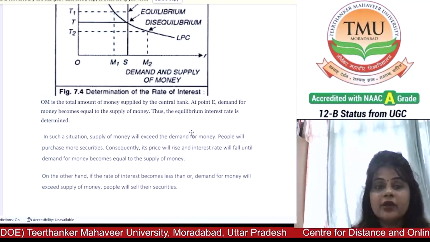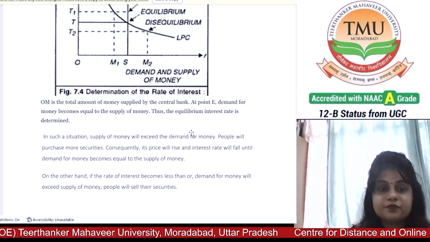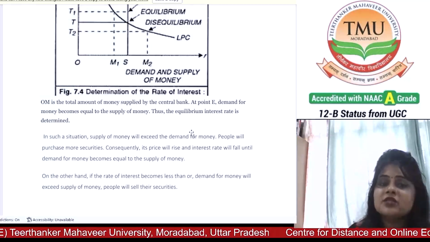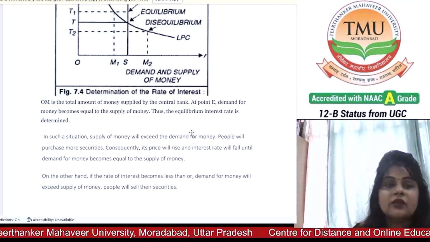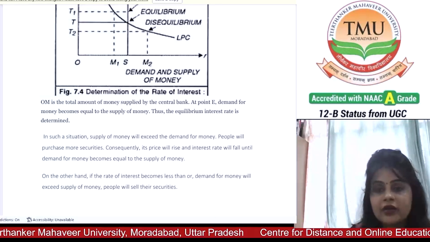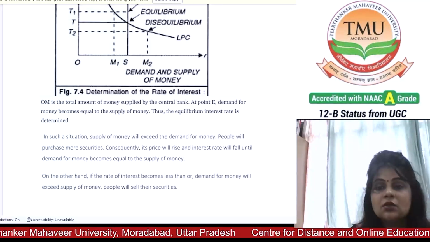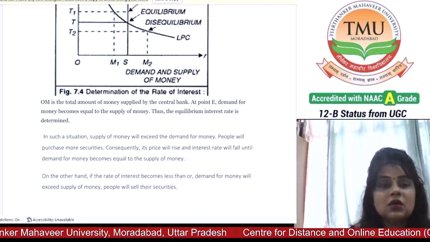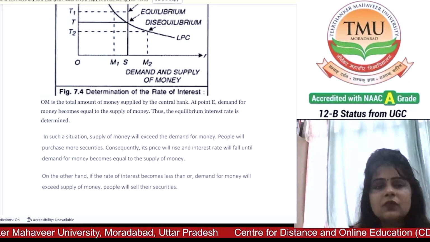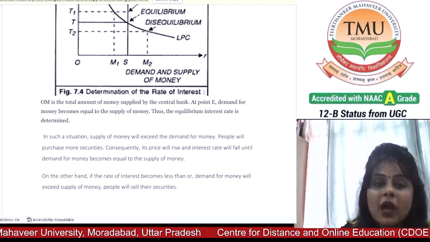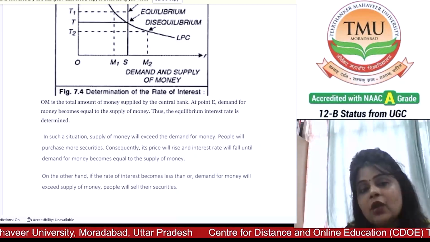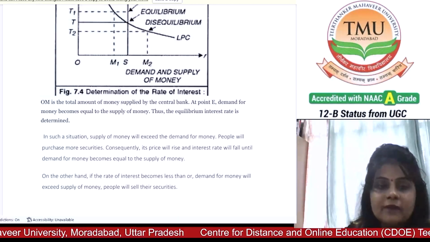So liquidity preference is not the only factor governing the rate of interest. There are several other factors which influence the rate of interest by affecting the demand for and the supply of money.